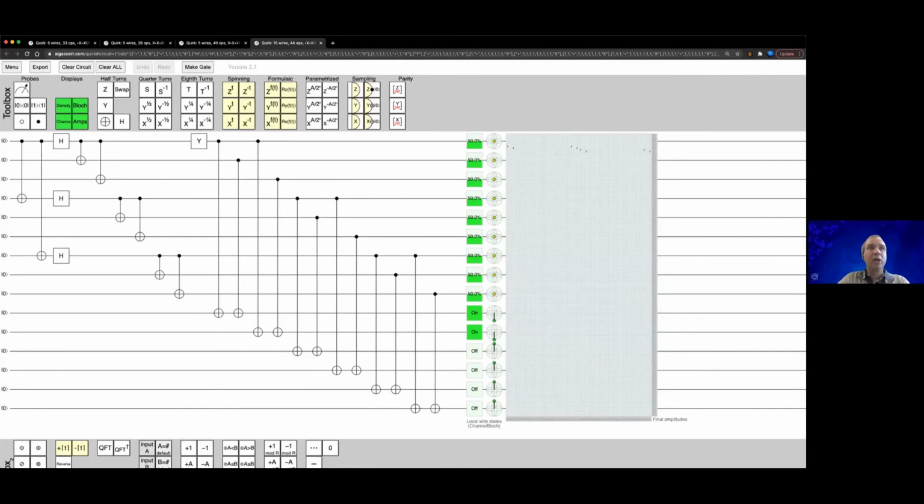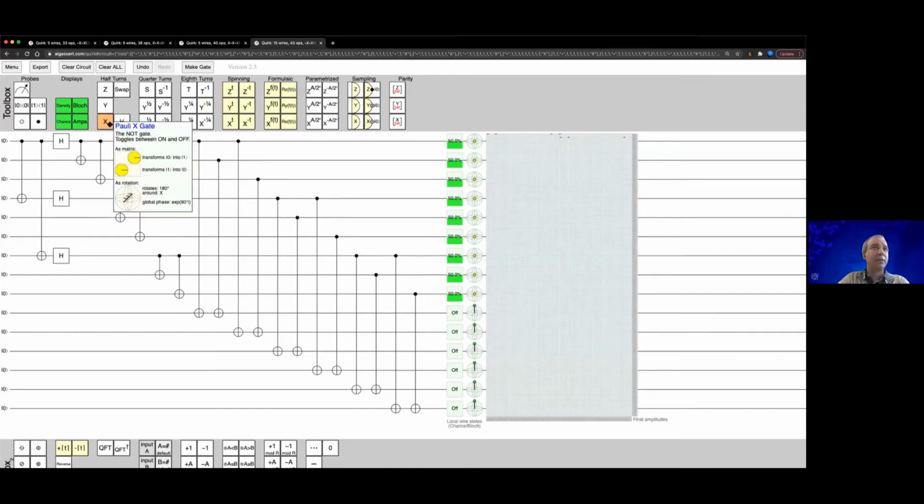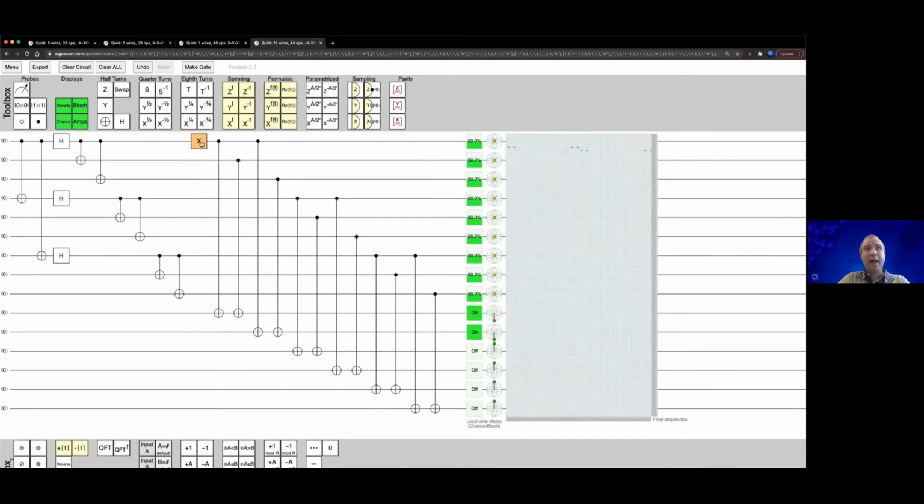Okay, so this is the part that corrects against errors of the qubit flip type. Well, I have a Y here, but let me use a NOT here, and you can see that now if the error occurs on one of the first three qubits, then the syndrome that changes is this one here.